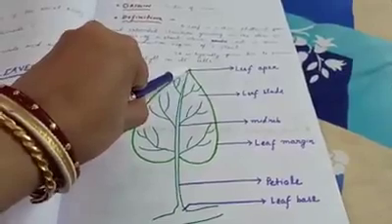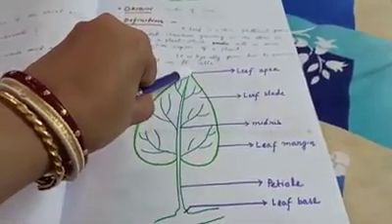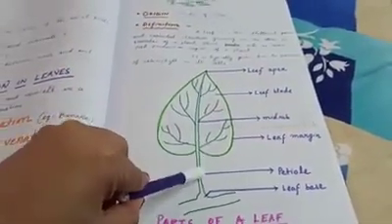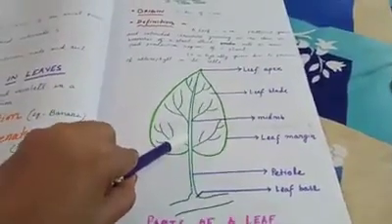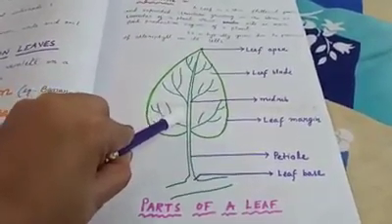And the tip of a leaf is called the leaf apex. So, leaf apex, leaf blade, midrib, leaf margin, petiole and leaf base are the main parts of a typical leaf. Okay students, I hope you all understand.